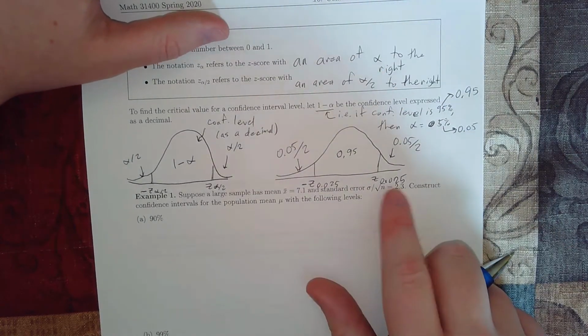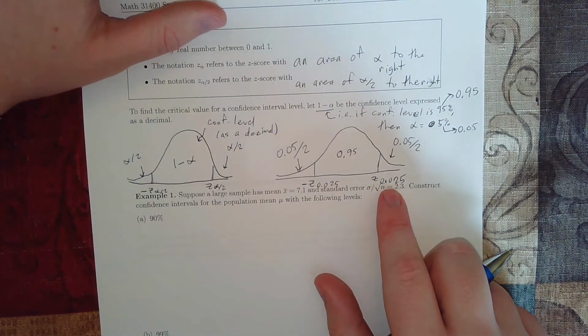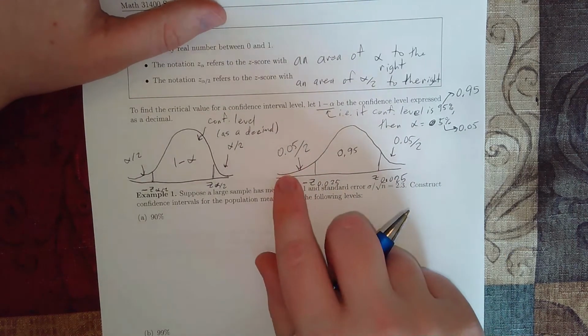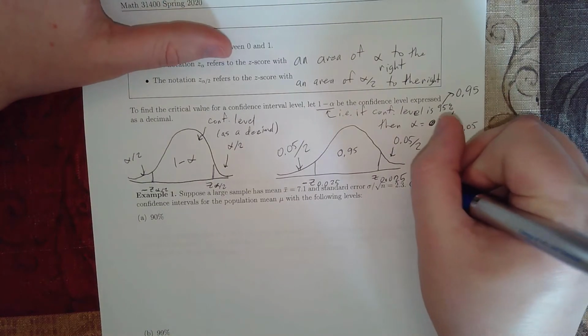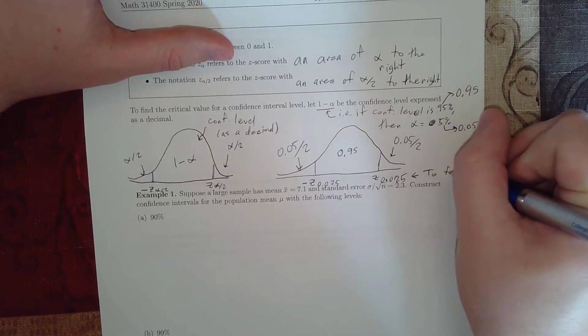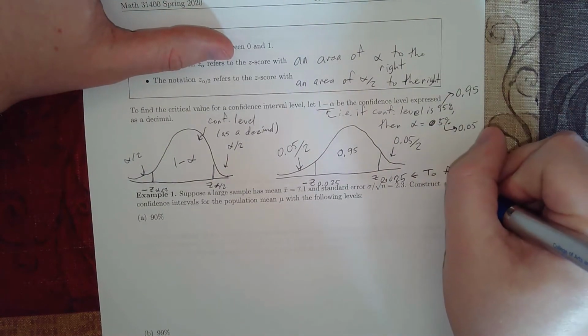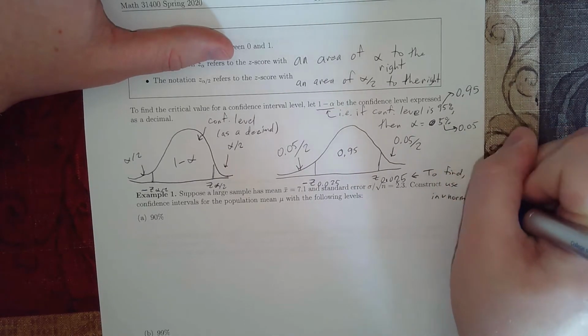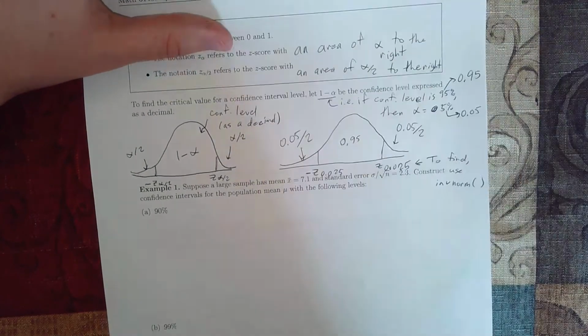We want to figure out what those z-scores are in order to figure out what our critical values are. Remember that when we want to find these, we'll use inverse norm in our calculators.